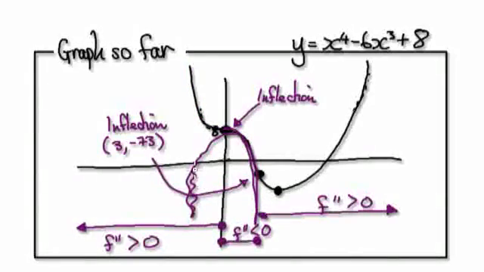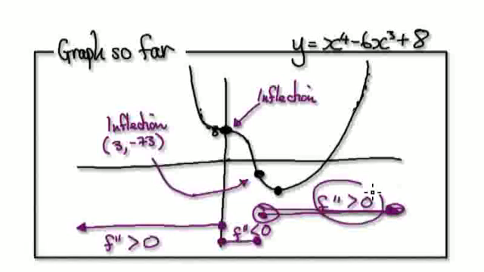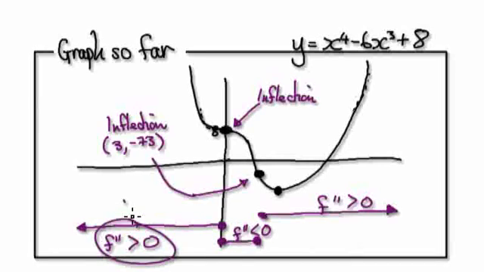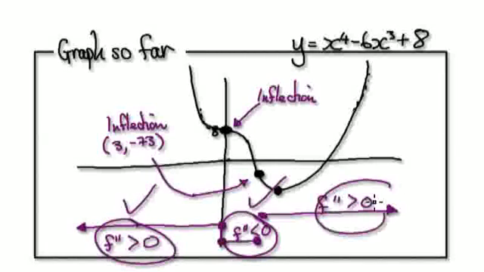This is concaving down, this is concaving up. From here to here is concaving up because this is greater than 0. So everything checks out.